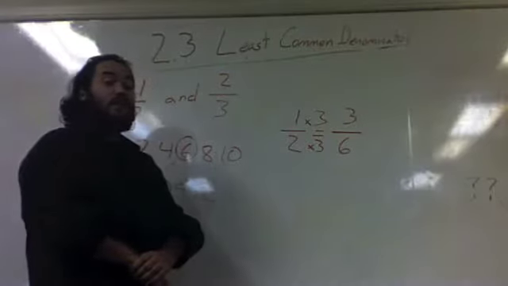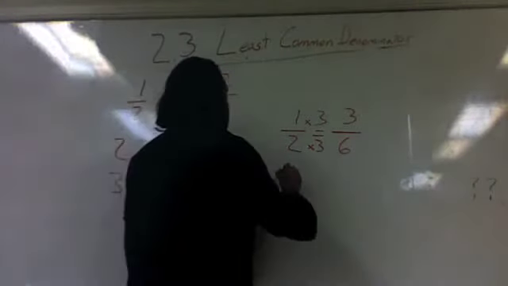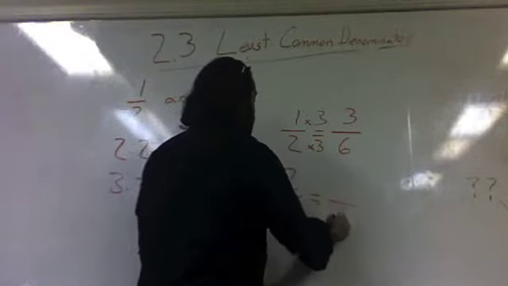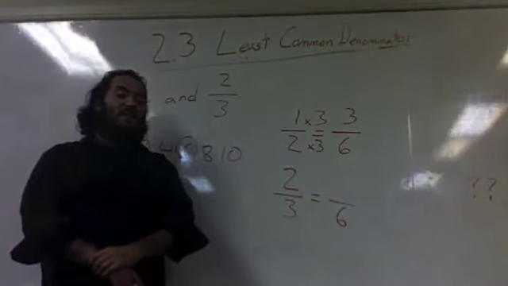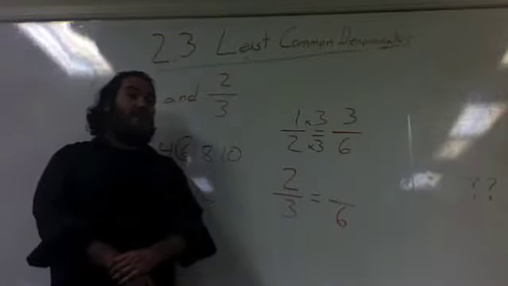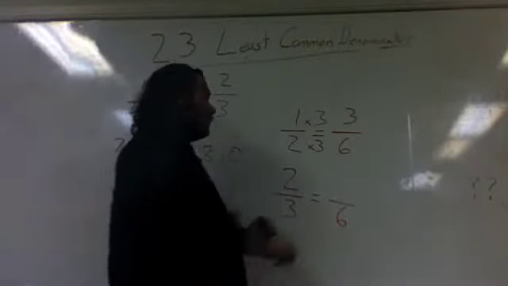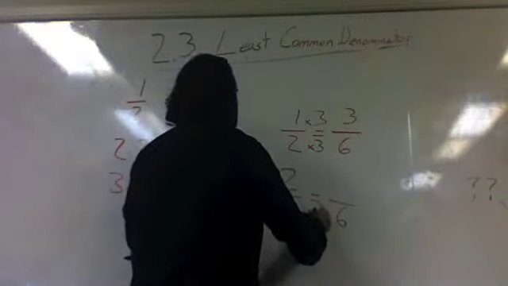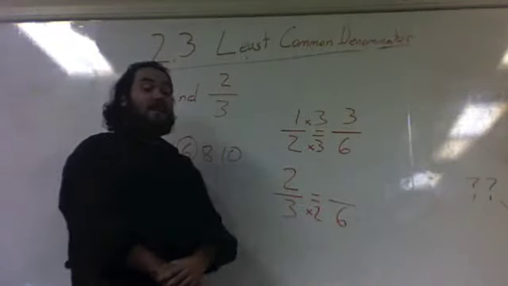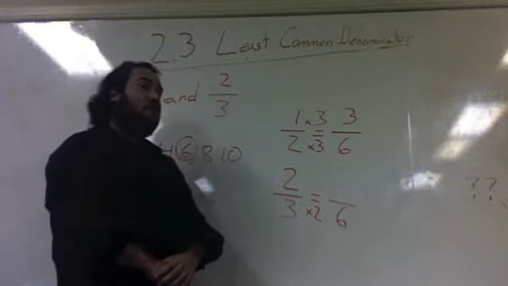Now let's try the same thing with 2/3. Again, we want to figure out what we need to multiply that 3 by to turn it into a 6. Obviously the answer here is 2. If we multiply the denominator by 2, we have to multiply our numerator by 2 as well.